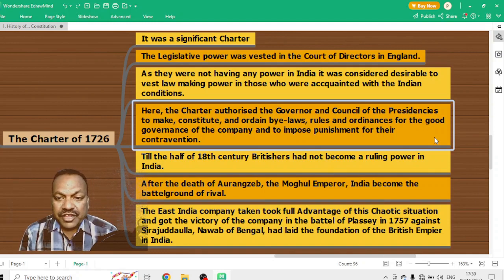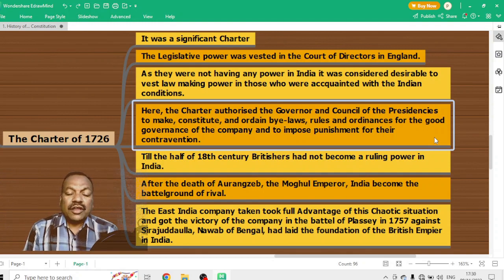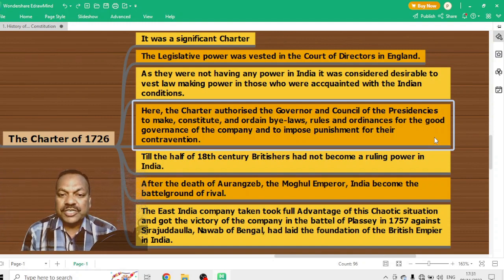So if someone contravenes the laws, rules, or regulations which had been created, the Act of 1726 provided for the imposition of punishment.